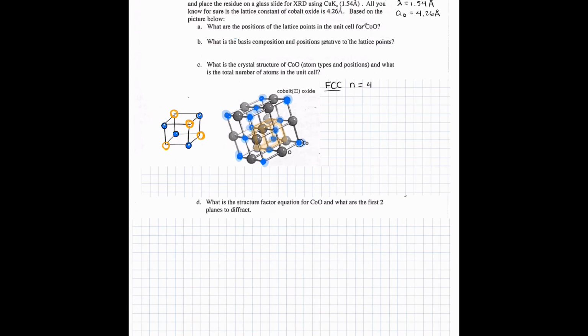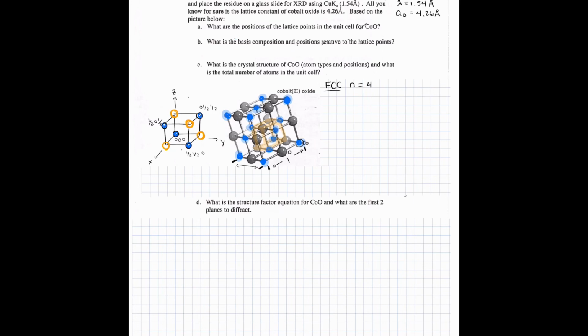So the points here are 0, 0, 0; 1/2, 1/2, 0; 0, 1/2, 1/2; and 1/2, 0, 1/2. How I know that is I'm assuming this is X, this is Y, this is Z, and this entire length and width is essentially one entire lattice constant.